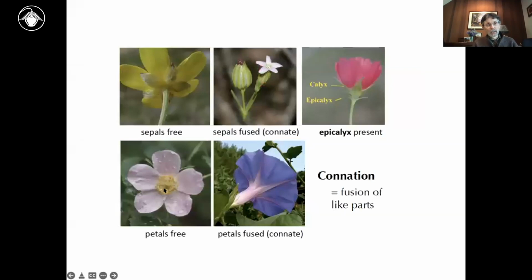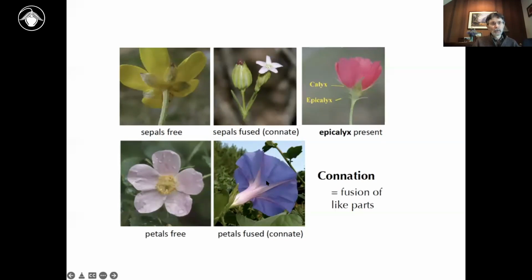All right, so another important feature to think about is whether or not the parts are fused to one another. And this fusion can be manifested in a couple of different ways. One way in which fusion occurs is fusion between like parts. So the petals or the sepals, they can be free, not fused to one another, as you see here in this rose and buttercup.